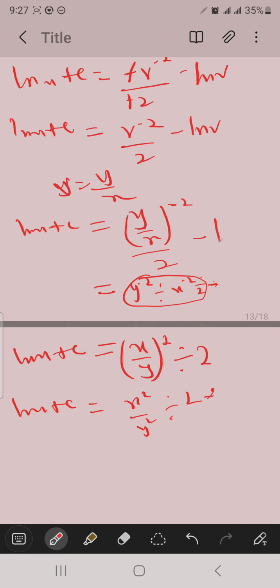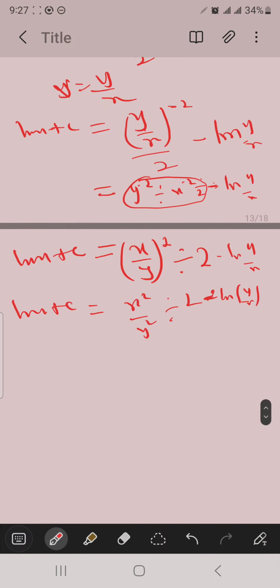So this one is going to be minus ln y over x. Now, when this one comes here, this will be ln x plus ln y over x plus c equals x squared over y squared, this is 2y squared, like that.